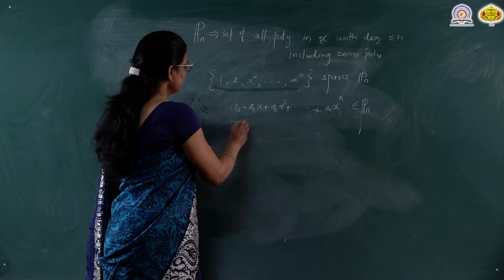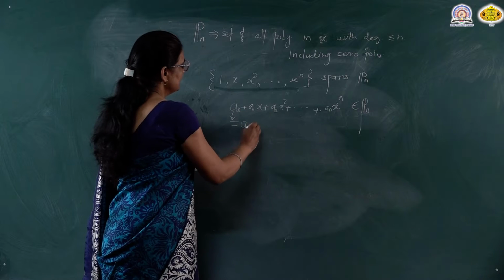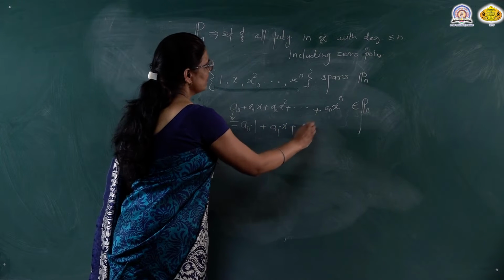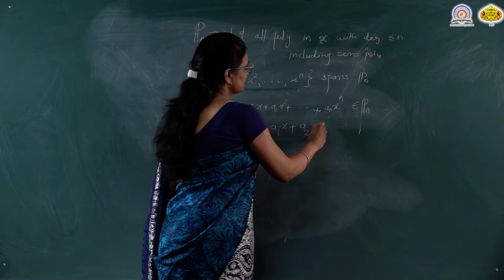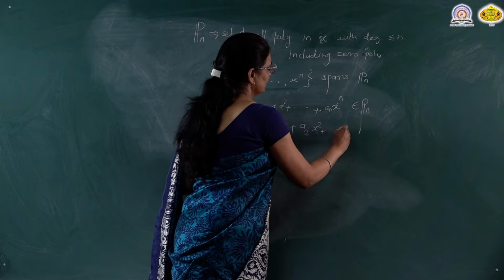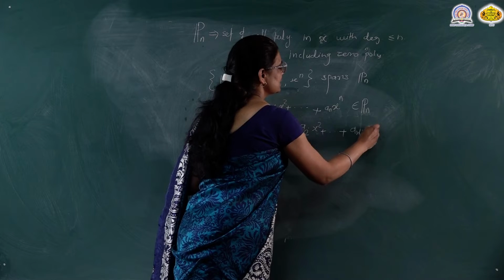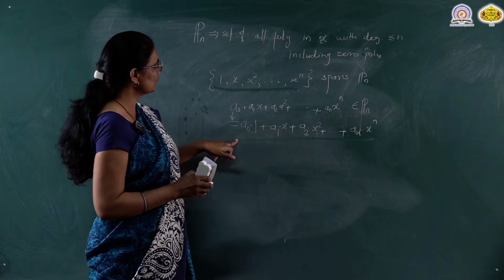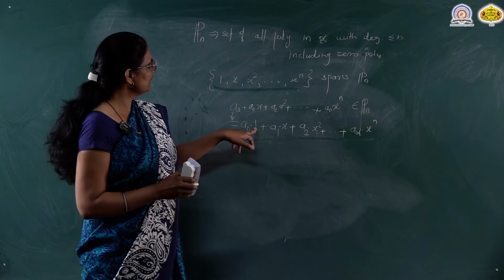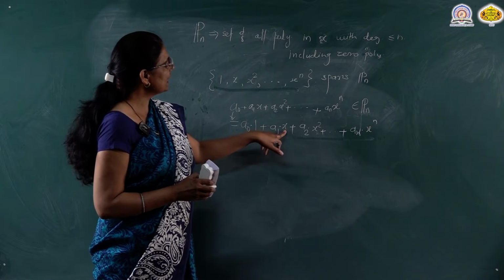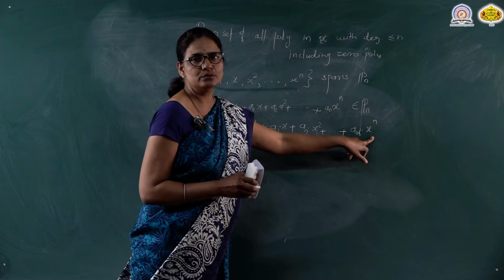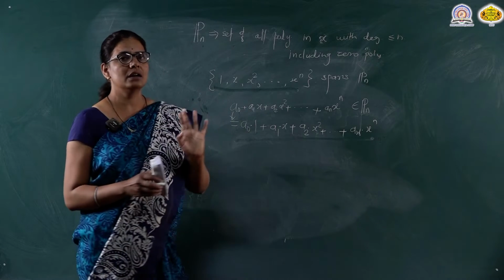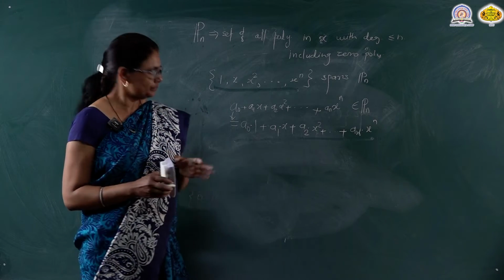So this polynomial can be written as a0 into 1 plus a1 into x plus a2 into x square continue up to an into x raised to n. So if we observe this, it is a linear combination of the vectors 1, x, x square and so on up to x raised to n, because the coefficients of the polynomial are nothing but the scalars.